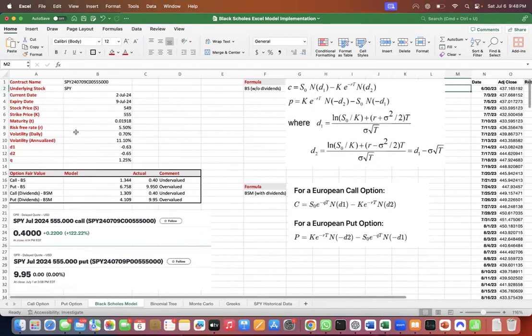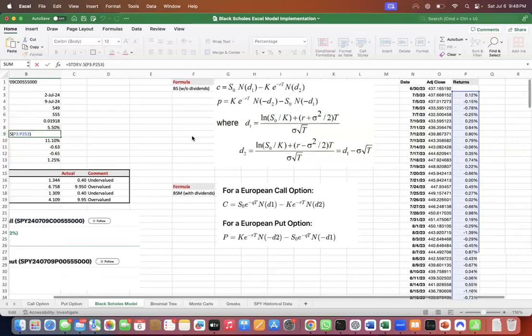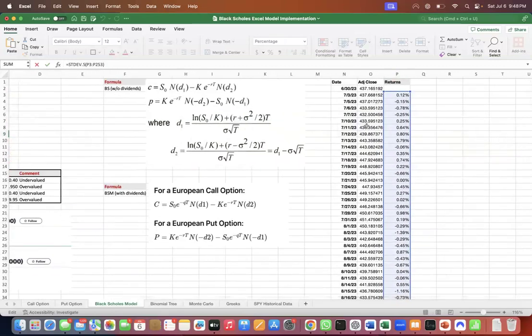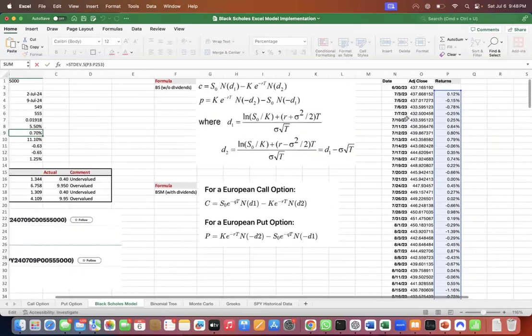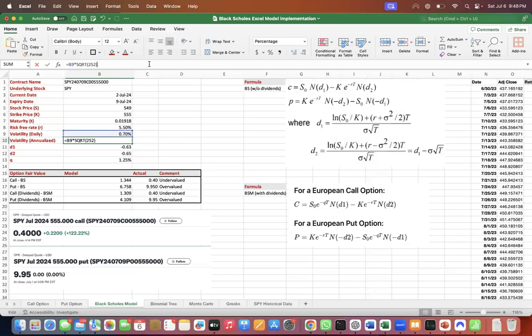The way I've calculated the volatility is, first use the function standard deviation dot sample, and in the sample you give the returns of the SPY, and then press enter. This will give you the daily standard deviation, but we need the annualized standard deviation. To calculate it, you multiply the daily standard deviation by the square root of 252, and this is how you calculate the annualized volatility.